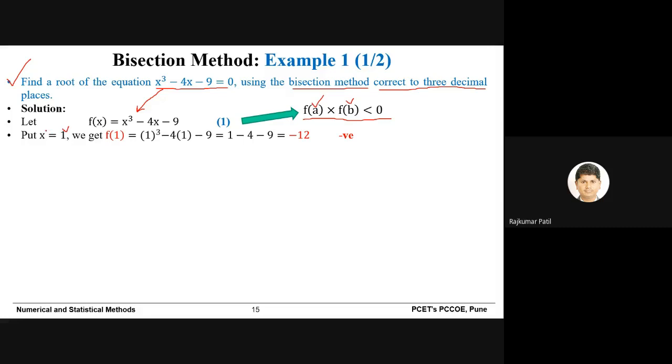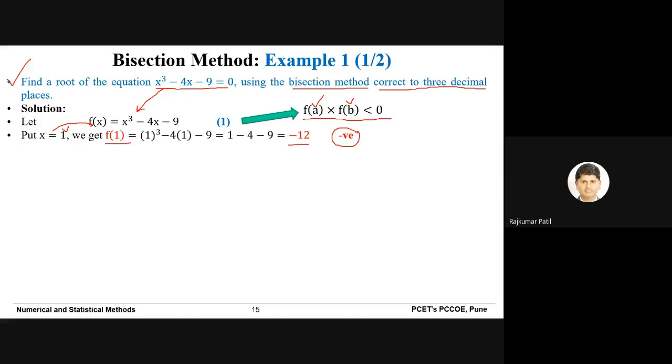So put x is equal to 1 in this equation. You will get f of 1 as minus 12. So here you can see f of 1 is negative. So what we will do, again we will go on increasing the value of x.